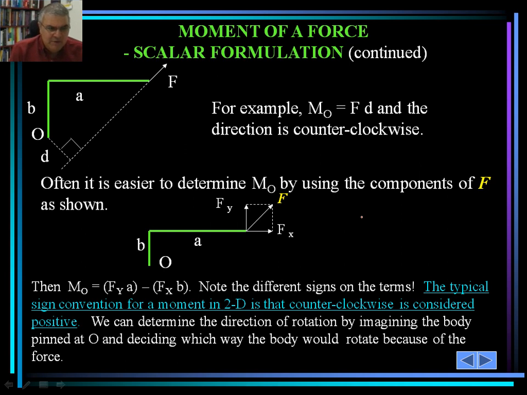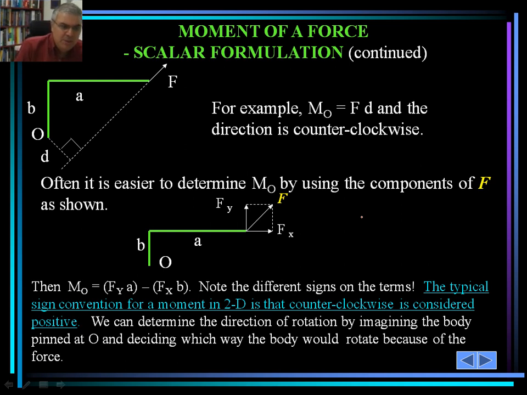As you can see later when we solve the problems, I assume counterclockwise positive. You can follow my sign convention, or in either case, if you stay consistent, all the moments for a problem with counterclockwise as the positive direction, or clockwise as the positive direction, the answers would turn out to be the same.